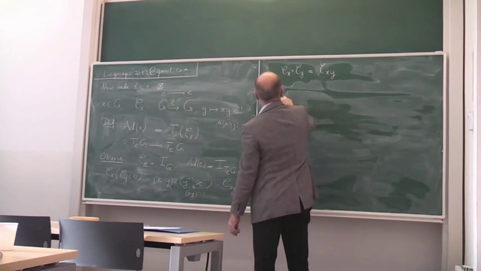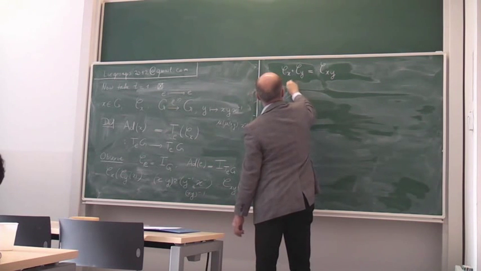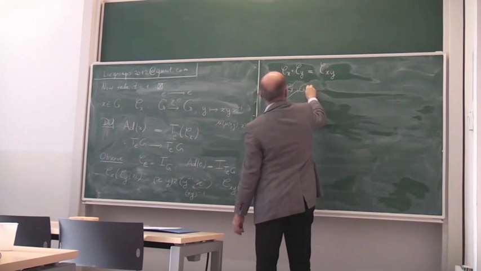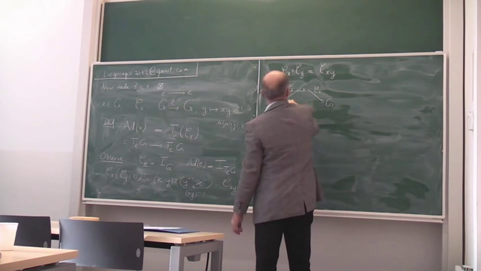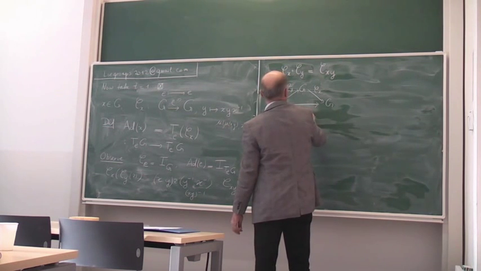The commutative diagram goes like this. We have composition by y, conjugation by y, we have conjugation by x, and we have conjugation by xy. This diagram commutes.